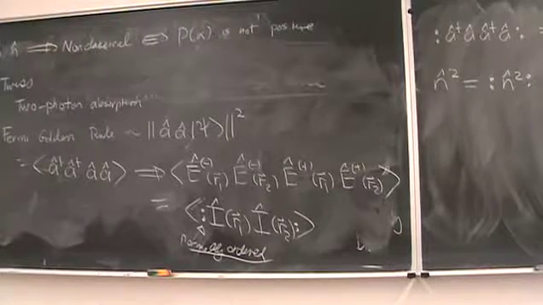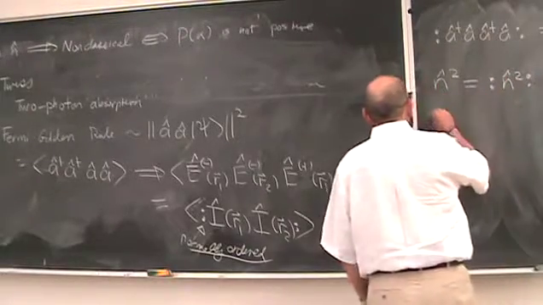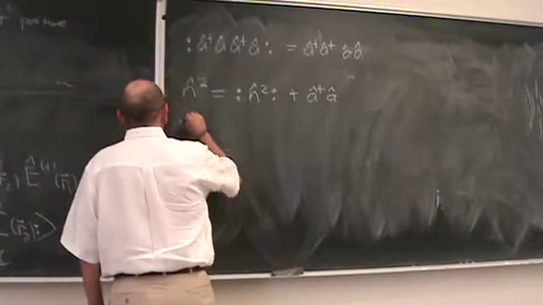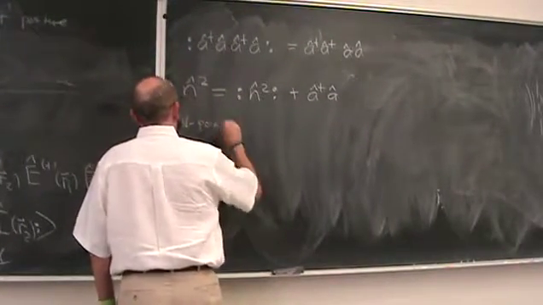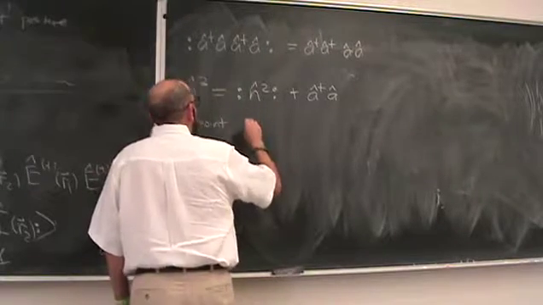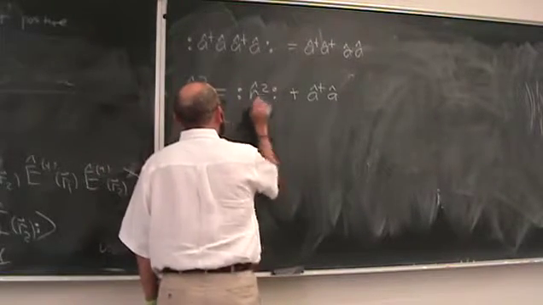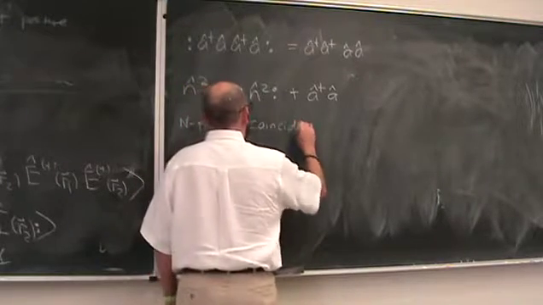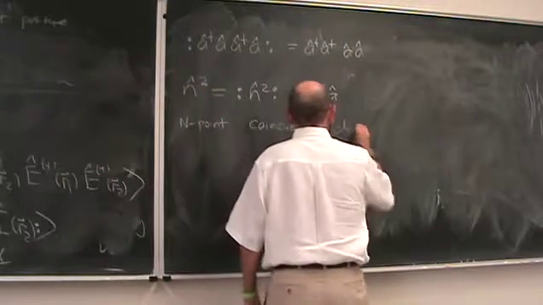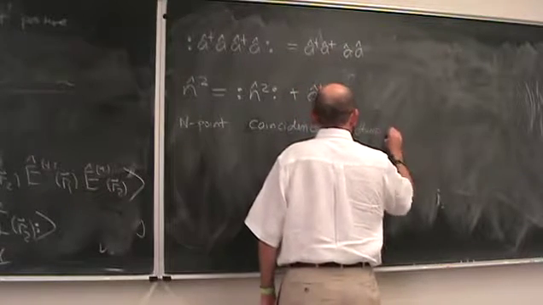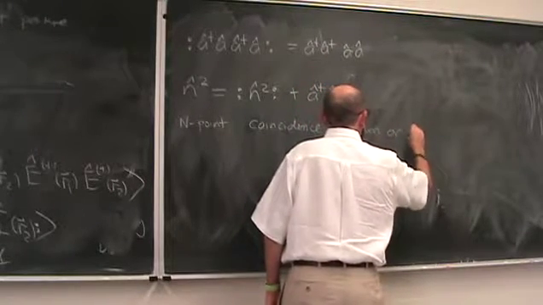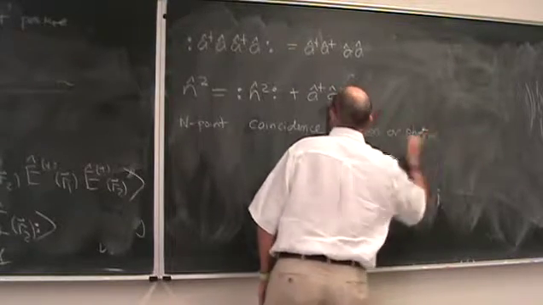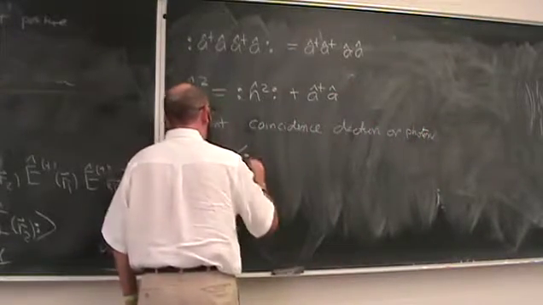Well, because what Glauber says is that an endpoint joint or coincidence detection of photons is equal to this object.